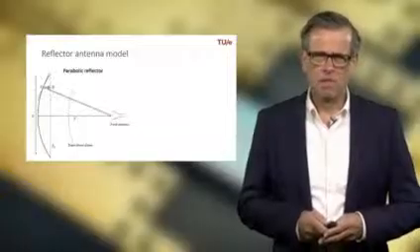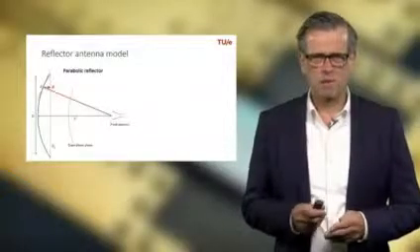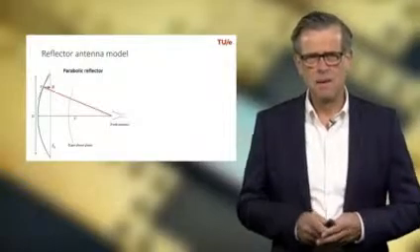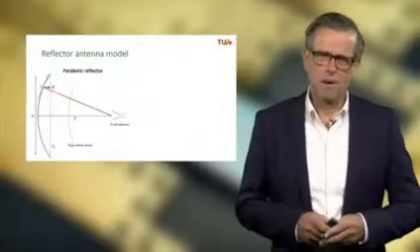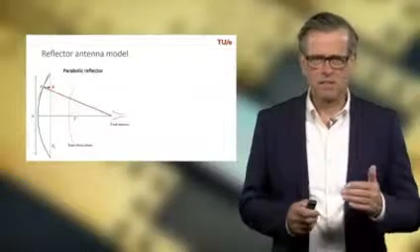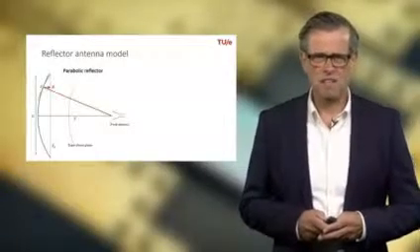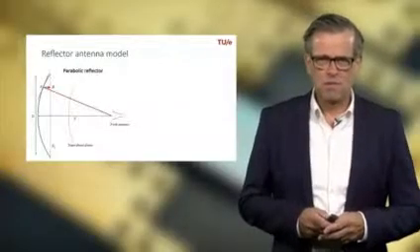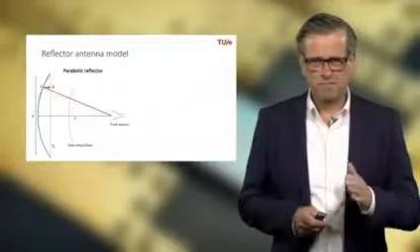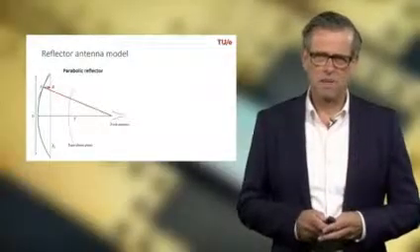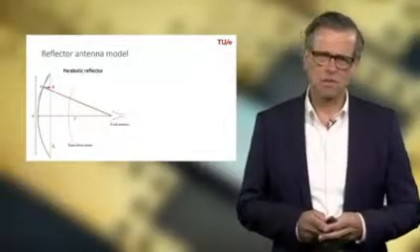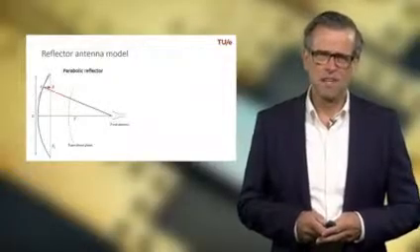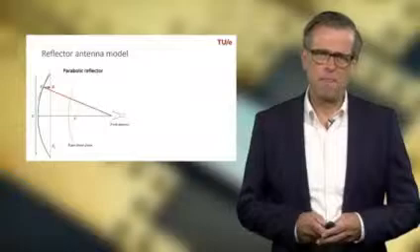We're going to look at a wave that propagates from the feed point, as indicated by the arrow, towards A, and then is reflected by the parabolic reflector and will hit the aperture surface SA in the point B. Now, the reflector transforms the phase front generated by the feed antenna, which is a spherical phase front, into a planar phase front at the aperture surface SA.